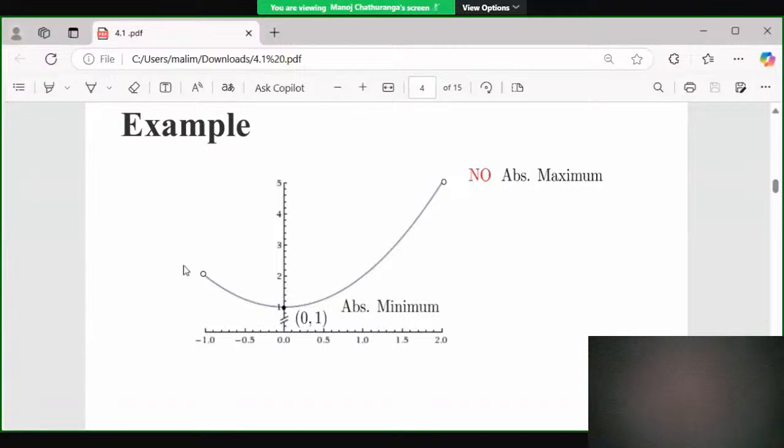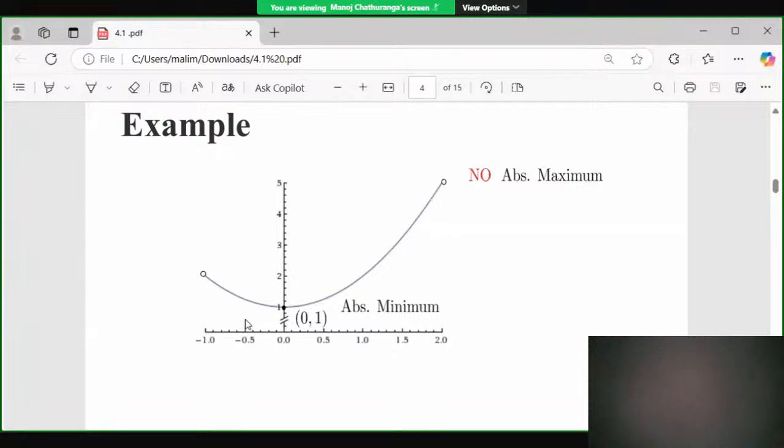And also, we don't have this local maximum at -1. This function has no maximums, no absolute maxima, no local maxima. However, it still has this absolute minimum point.